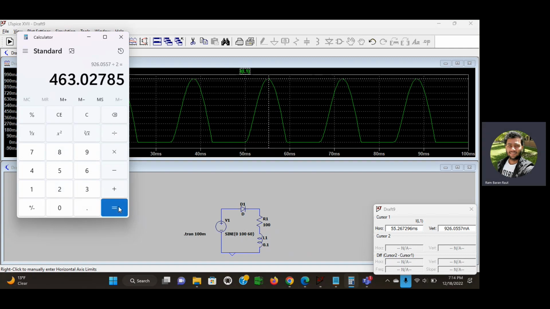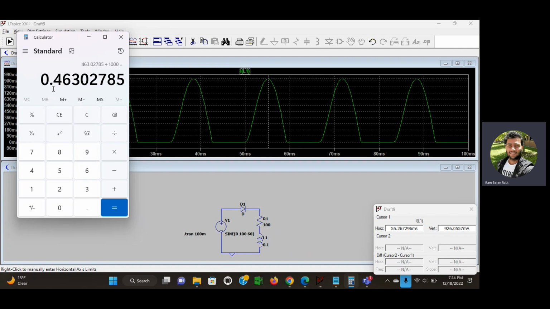We are getting 463.02785, which is in milliamperes. To get it in amperes, we just divide by 1000.